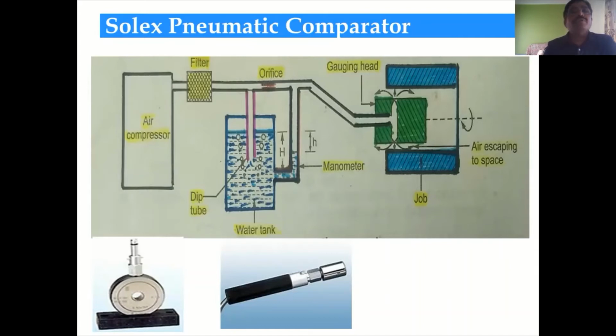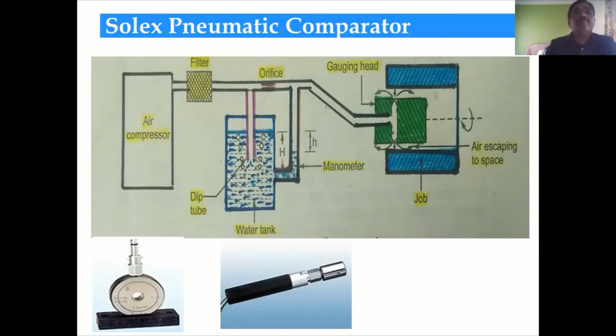Then how does it work here? First of all, compressed air is passed through the air filter, right? And here the dip tube is immersed into the water tank to a certain level. Certain level means according to the air pressure required.